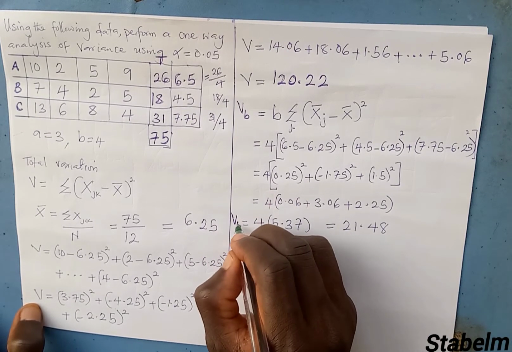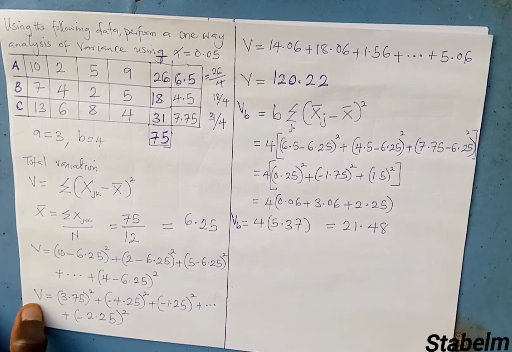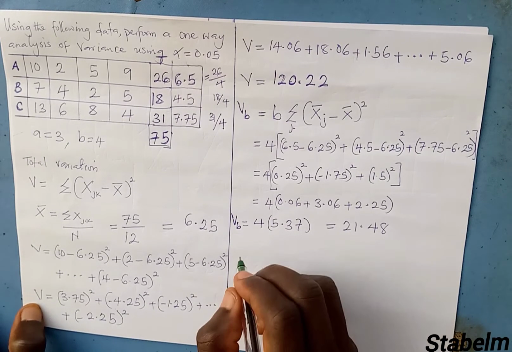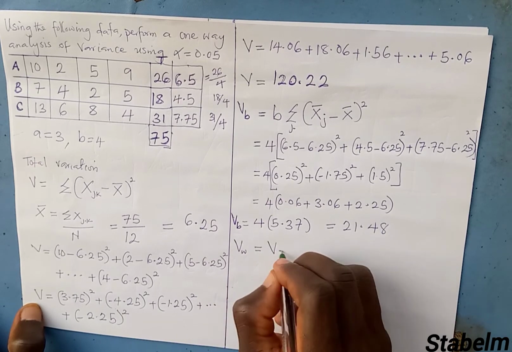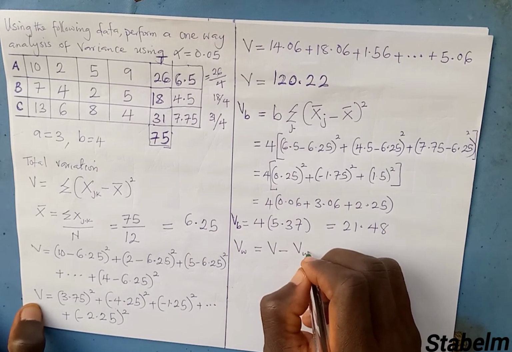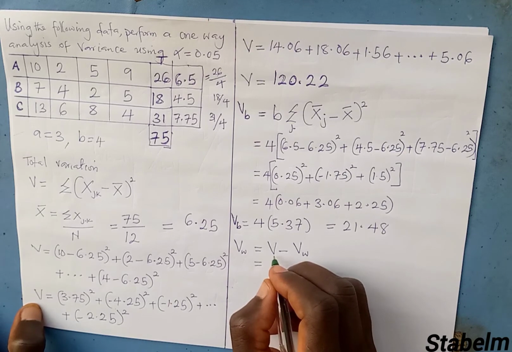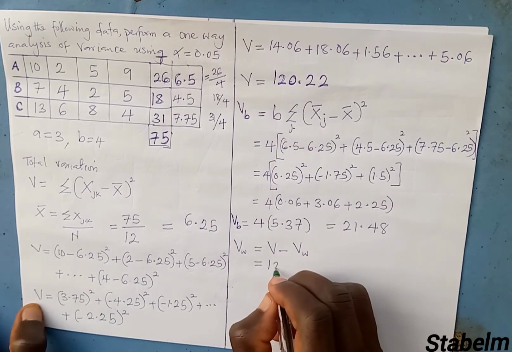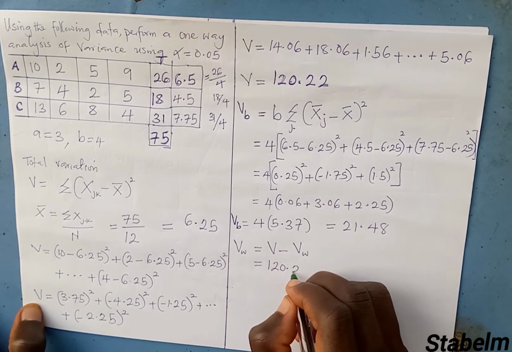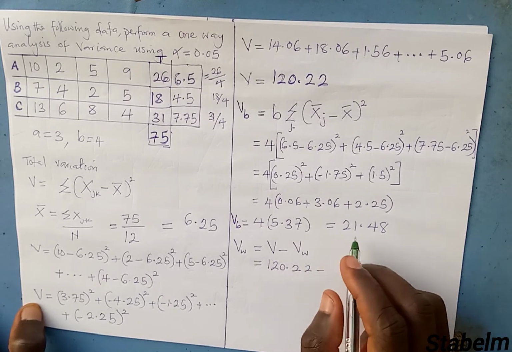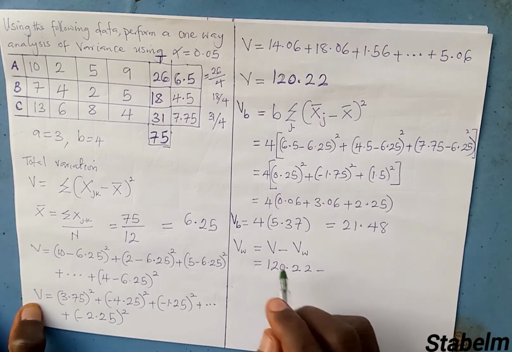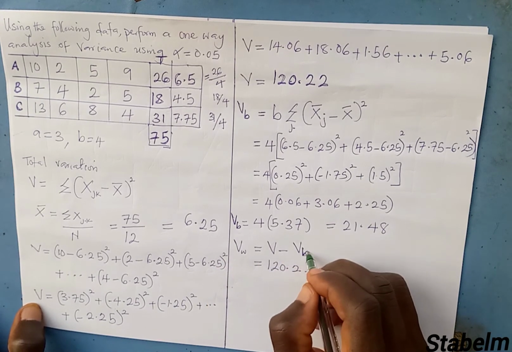Now finally, we need the variation within, which is equal to V minus VB, sorry, this is VB, variation between.